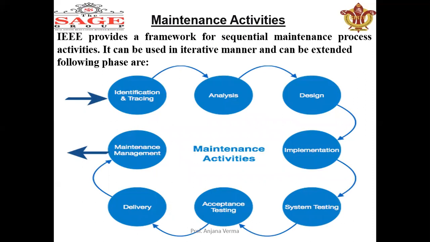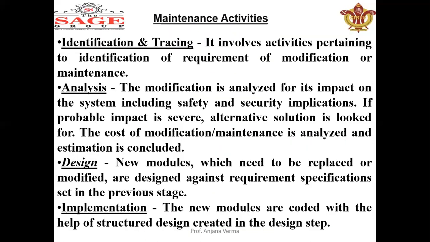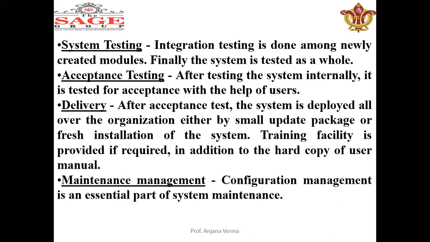After implementation, if you add something for the updation, then you have to test the product also. In the implementation part, if coding is required for the new thing, it will happen. And then when the system is tested, the new module is tested with the whole program, it will also cost, and this is part of your life cycle of maintenance.